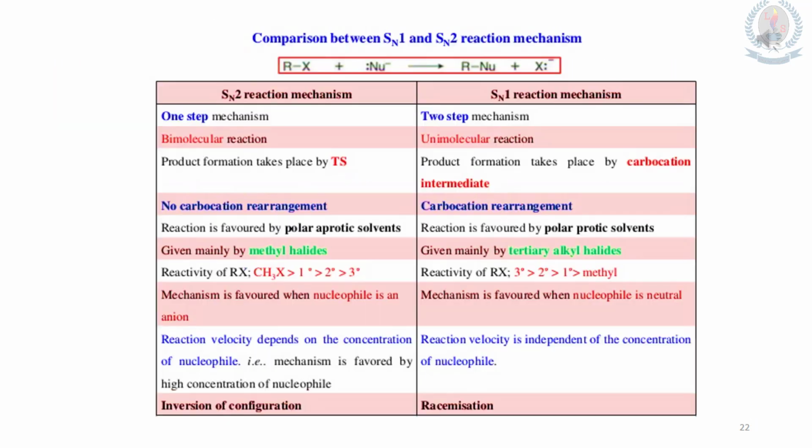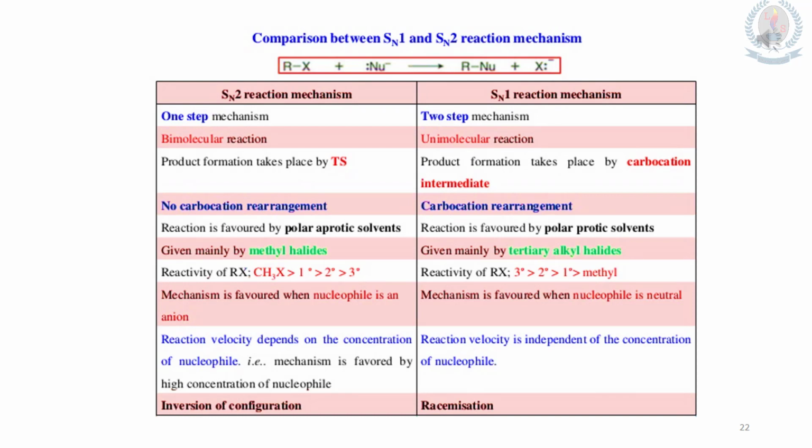Here I am giving a comparison between SN1 and SN2 reaction mechanisms. I will discuss major differences between SN2 and SN1 here. If you consider the SN2 reaction mechanism, it is a one-step reaction. For this one step, two molecules are involved.